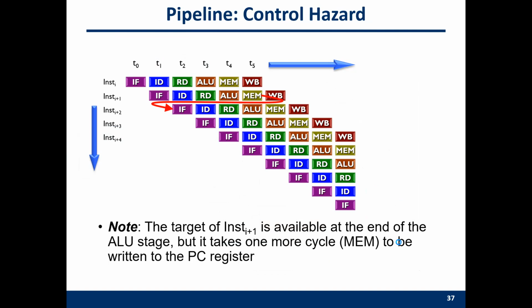We also need to handle the so-called control dependency. So for one branch, it takes one more cycle, the memory cycle, for the memory stage to write it back.